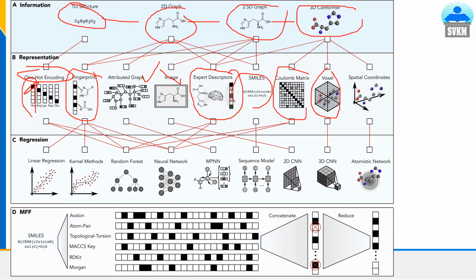If you are converting a 2D graph, you have options of fingerprint, graph, expert description, and SMILES for that matter. If you are going for a 3D conformer, you can go for Coulomb matrix, voxel, or spatial coordinate.